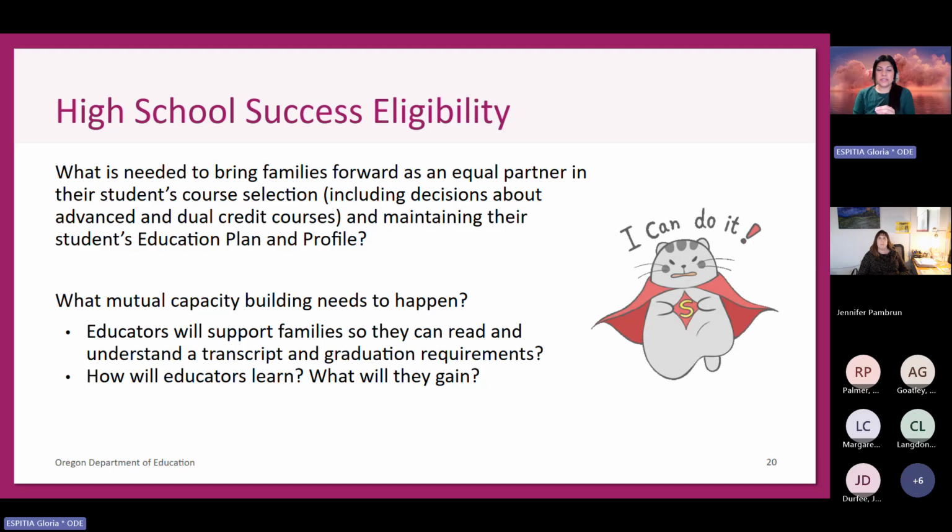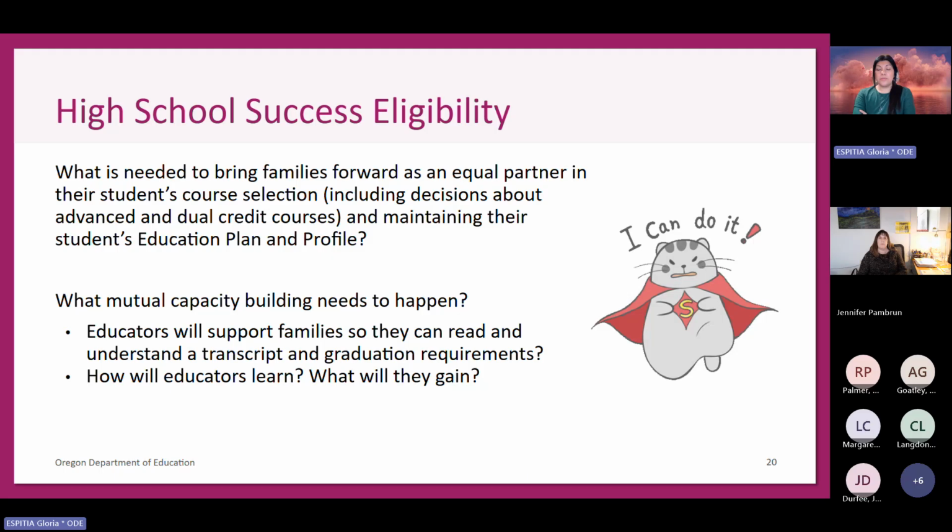It is related to CTE, and it really works off this framework of being on track, based off of like ninth grade on track. So there's specific indicators that we look at within eligibility to receive funds.